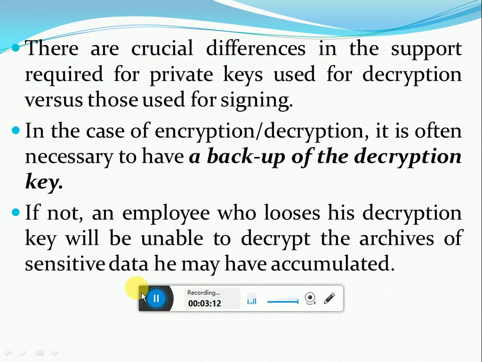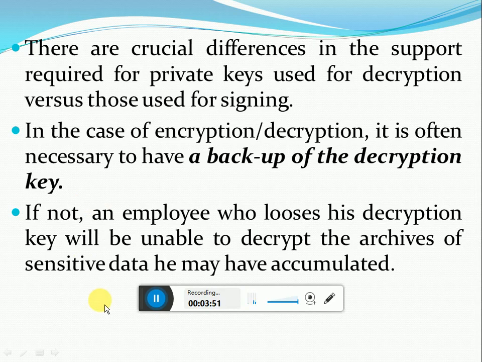There are crucial differences in the support required for private keys compared to that of public keys. In the case of encryption and decryption, it is often necessary to have a backup of the decryption key. It is mainly because if an employee loses his decryption key, then it is difficult or impossible for an organization to decrypt the archives of sensitive data that may be stored in the organization.